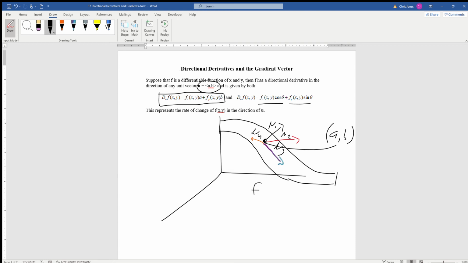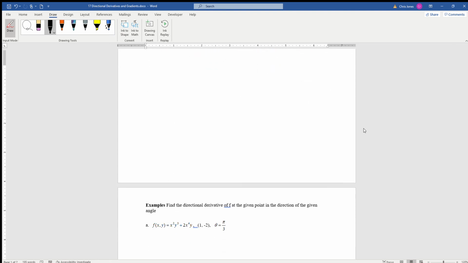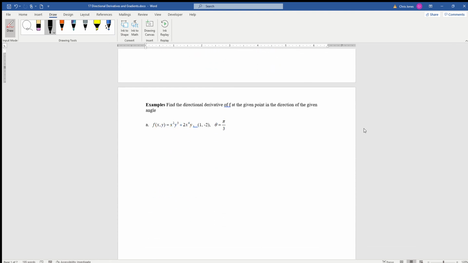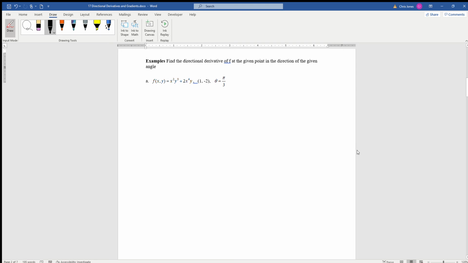So let's take a look at a couple of examples, and we're just going to start out with our angular definition to make it really easy. We want to find the directional derivative of the given function f at the point in the direction given by the angle. First of all, we're going to find the partials. That shouldn't be too difficult. Nice polynomial.